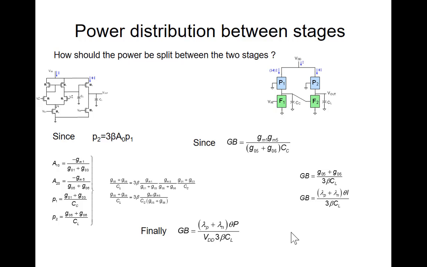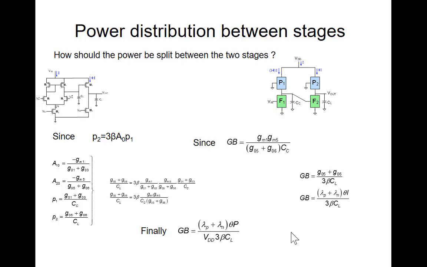So I can write an expression for the gain bandwidth product in terms of theta, the power, and beta, and CL. And if I write it in this form, I'm about out of time, so I'm not skipping anything that's difficult. There's nothing more complicated than what I've got written on the slide here. If I've got GB written in this form, I see GB is now a function of the parameter theta.